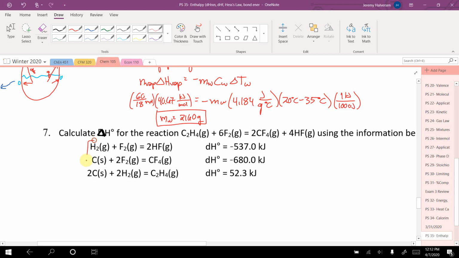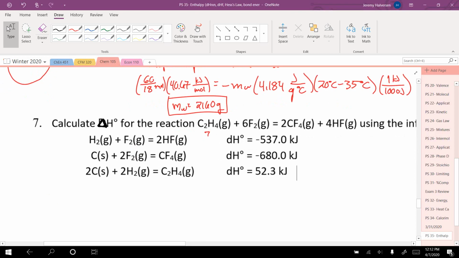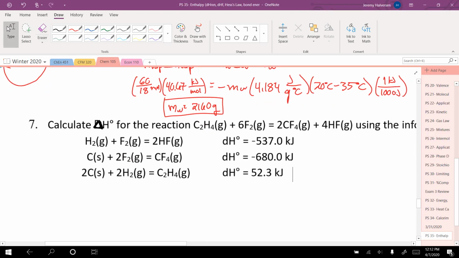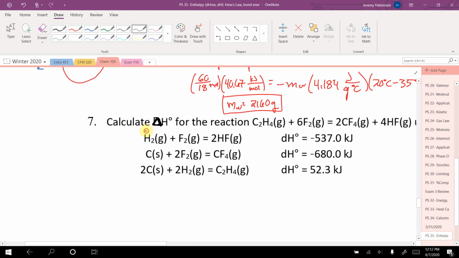Basically, we're going to use these equations, and if we can get these equations to add up to this one, then these delta H's will add up to the delta H of this. So let's go through that real quickly. The easiest way to learn how to do this is just to see how it's done. There are two things I can do to these equations. One, I can flip them. Two, I can scale them.